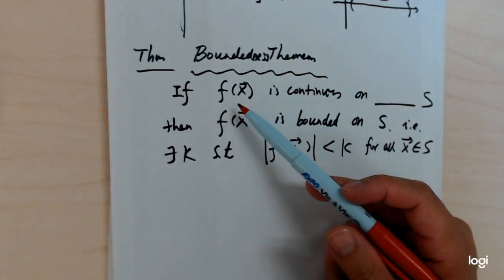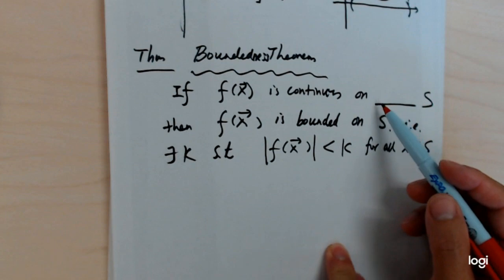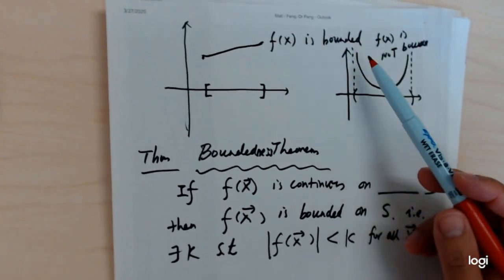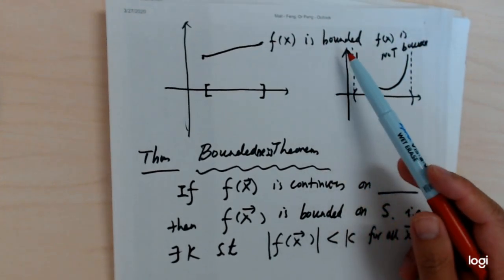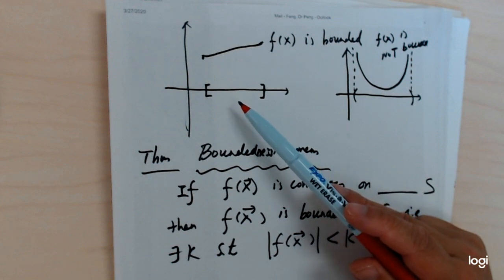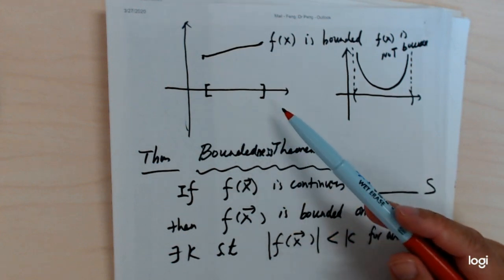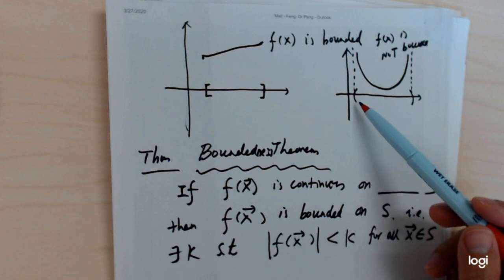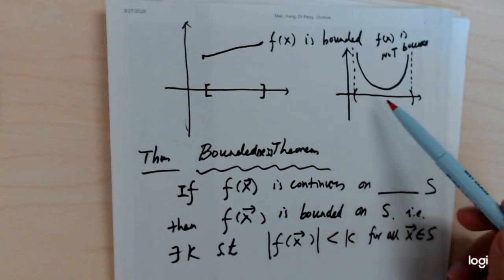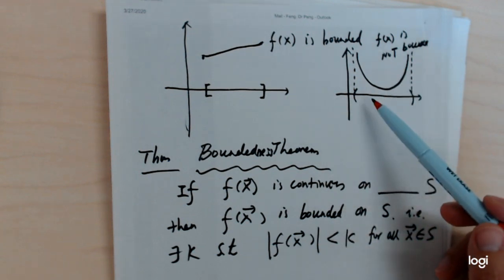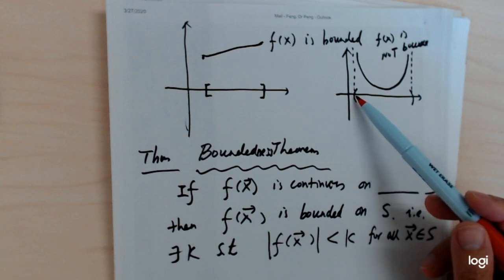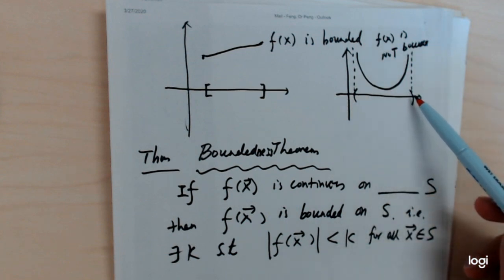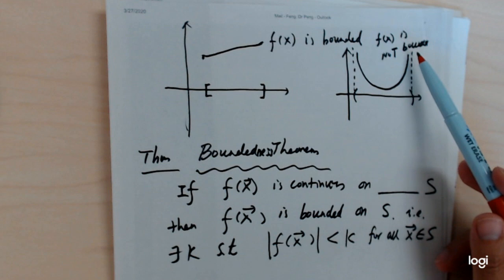So once again, if f is continuous on what kind of set? Based on what we're talking about here, in one dimension, for a continuous function to be bounded, I need the interval to be bounded and closed. If I remove one of those conditions, if it's open, then it's not necessarily bounded. If I remove the fact the set has to be bounded, then f is not necessarily bounded either.